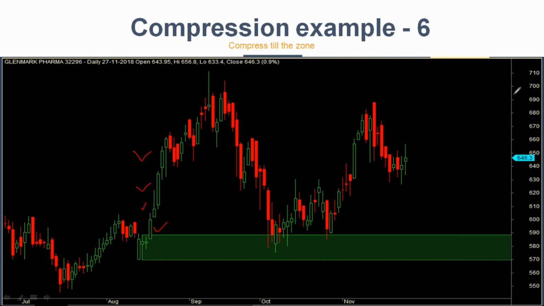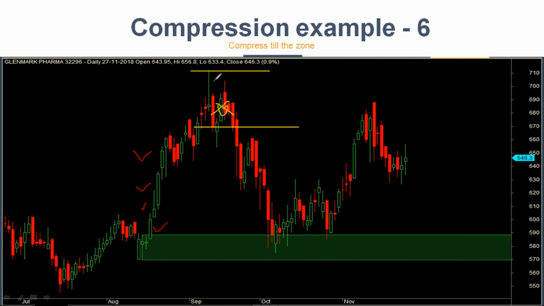So let me take yellow. Now rally, base, drop. Once rally, base, drop came and price went inside, this zone is tested.